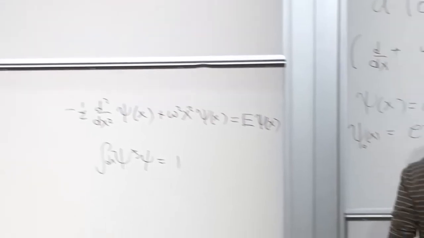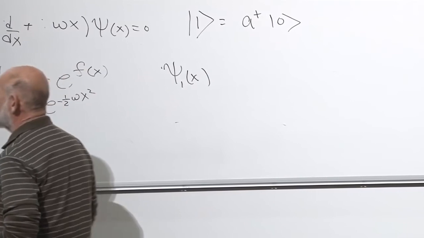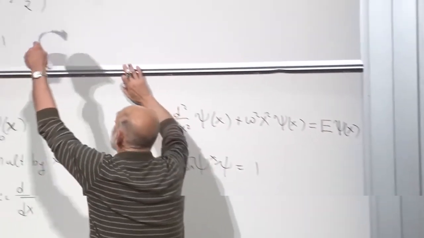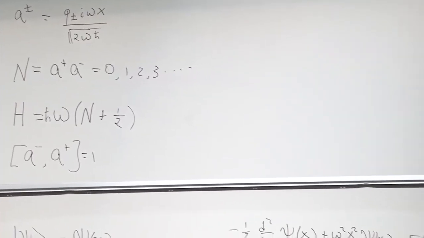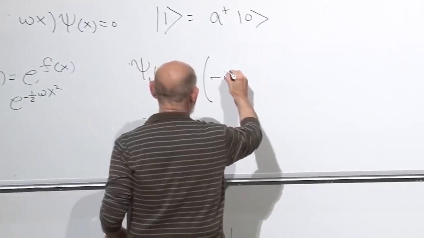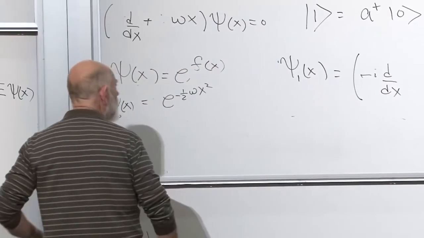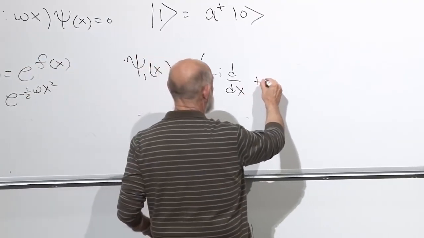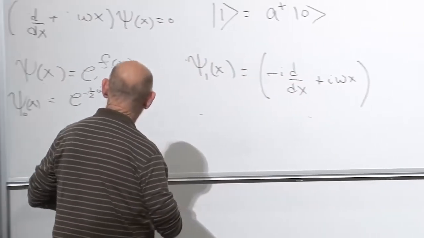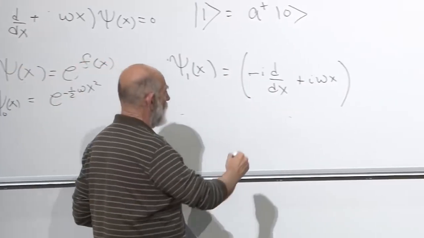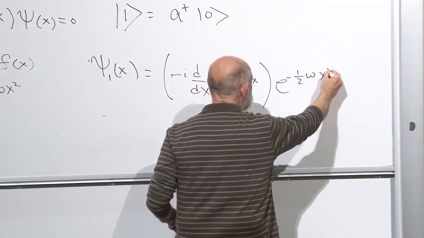All right, so in terms of wave functions, psi 1 of x is proportional to P plus i omega x, where P is minus i d by dx, so minus i d by dx plus i omega x, acting on e to the minus 1/2 omega x squared.